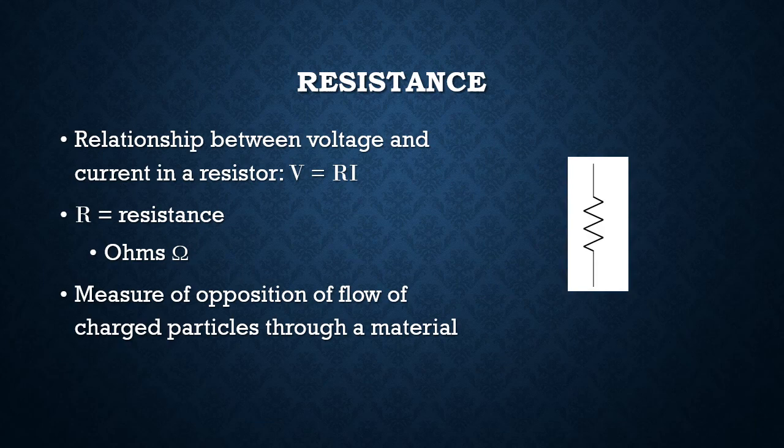And here again is a circuit diagram showing a resistor. As stated before, we expect there to be a voltage drop across a resistor as it uses energy, and current flows through the resistor, entering the positive terminal. The equation V = Ri, which describes the relationship between voltage and current in a resistor, is known as Ohm's law.